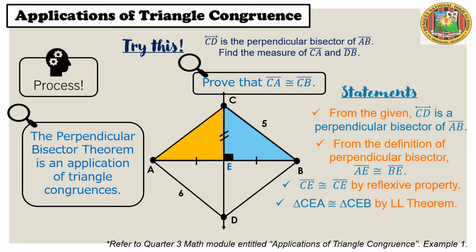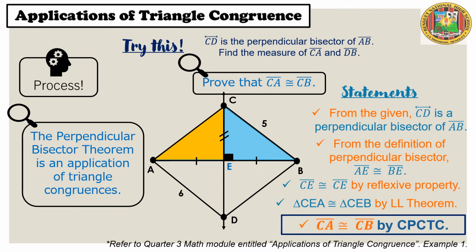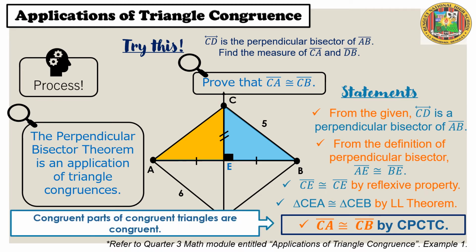Thus, we state that triangle CEA is congruent to triangle CEB by the LL theorem. And because the triangles are now proven congruent, we can say that side CA is congruent to side CB through CPCTC, or that corresponding parts of congruent triangles are congruent.